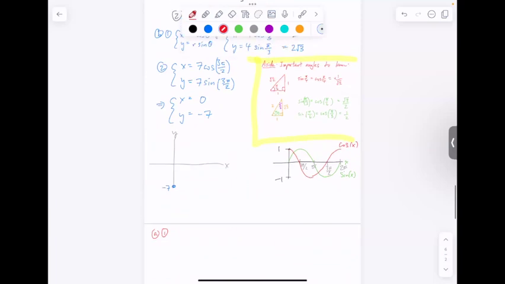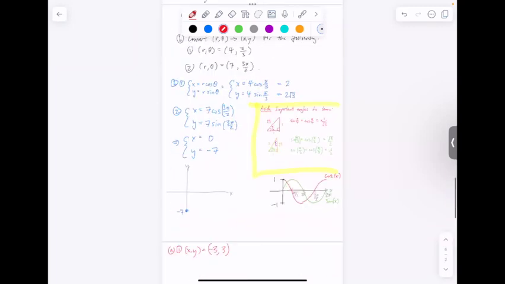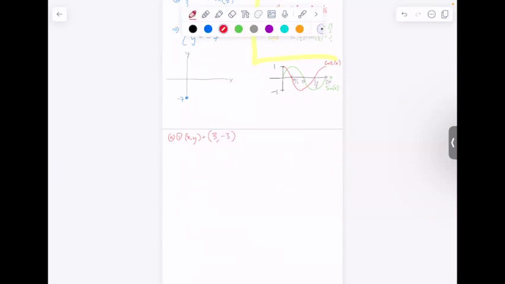Let's take a look at A. So if x and y are equal to 3, minus 3, I really screwed that up. You could do this purely algebraically. Algebraically, you have the fact that r squared is equal to x squared plus y squared. So x and y are 3 and minus 3 respectively.